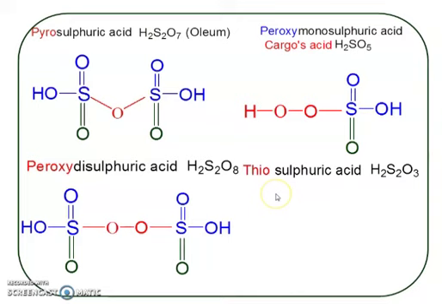Now next, thiosulfuric acid, formula is H2S2O3. There are 2 hydrogens, 2 sulfur and 3 oxygen atoms. So first of all you draw this S double bond O, S, OH. So this type of structure must be there in each formula.